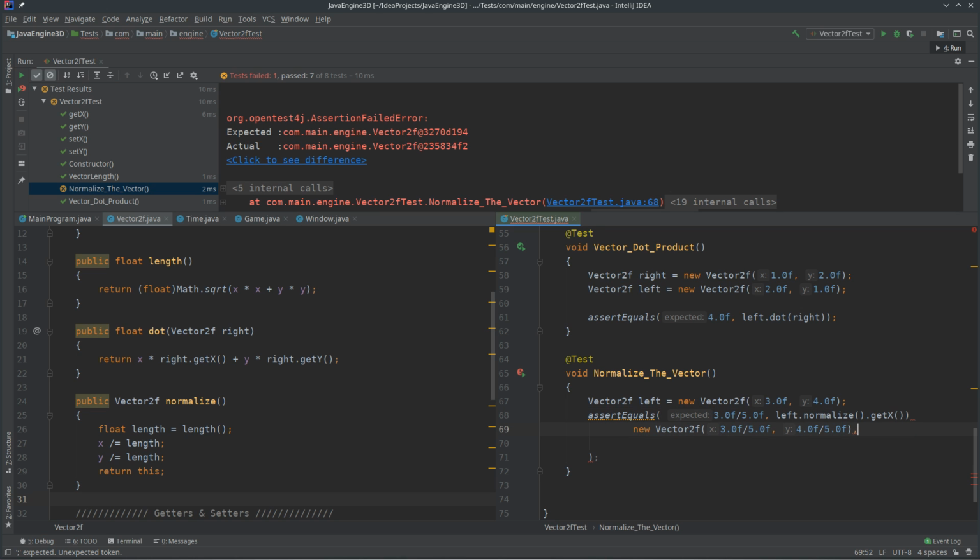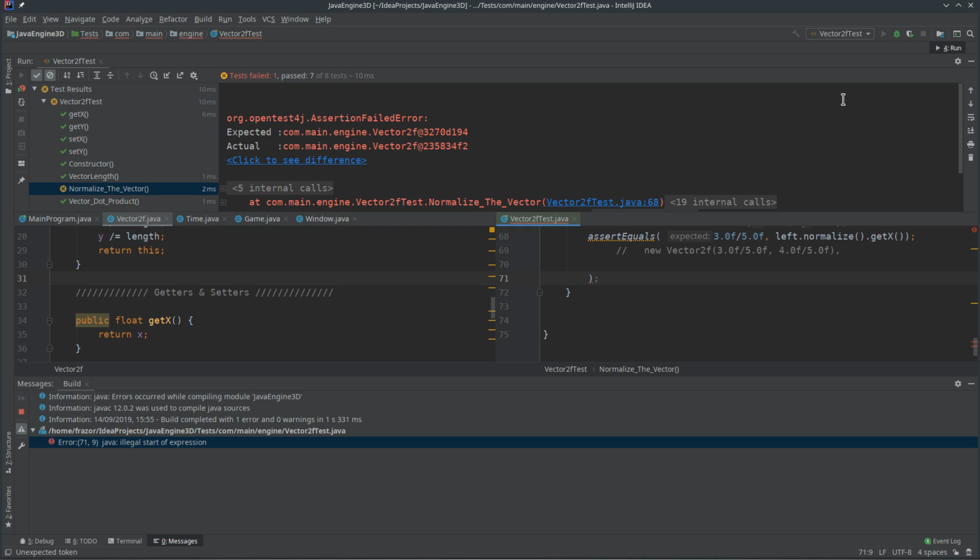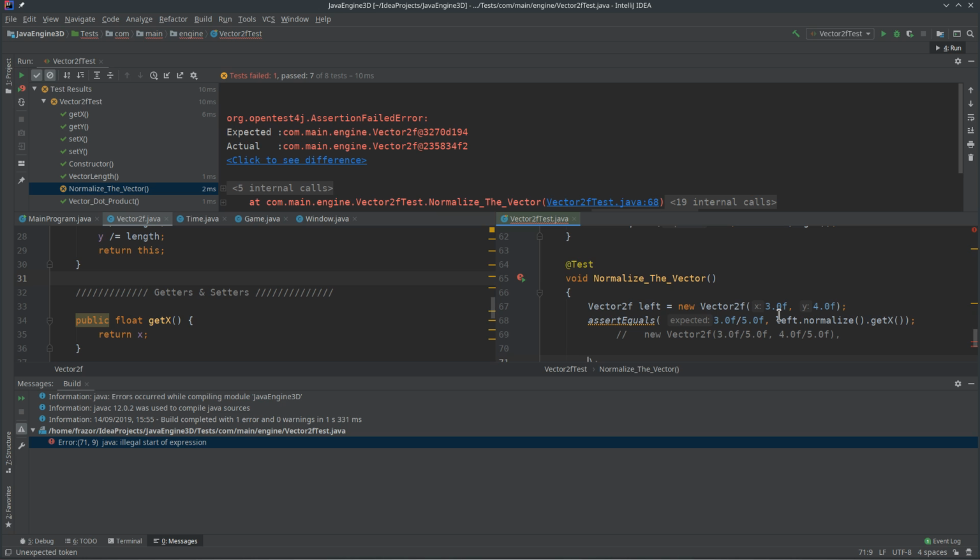Yep. Right, I'll try that line first. See if I'm right. See if it'll compile and do something. Illegal start of expression. Okay. Doesn't like that.